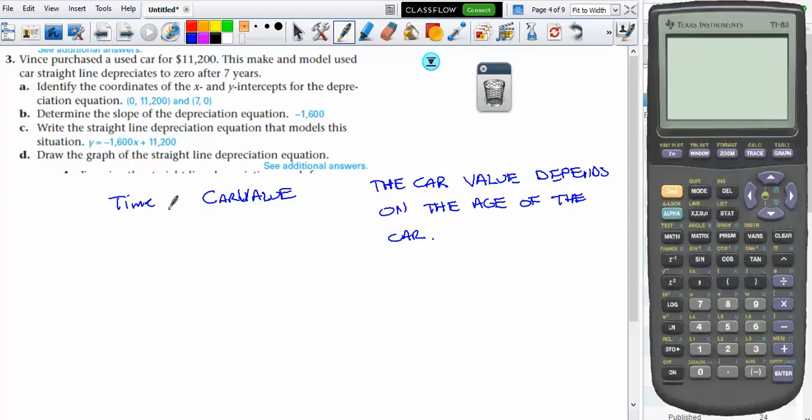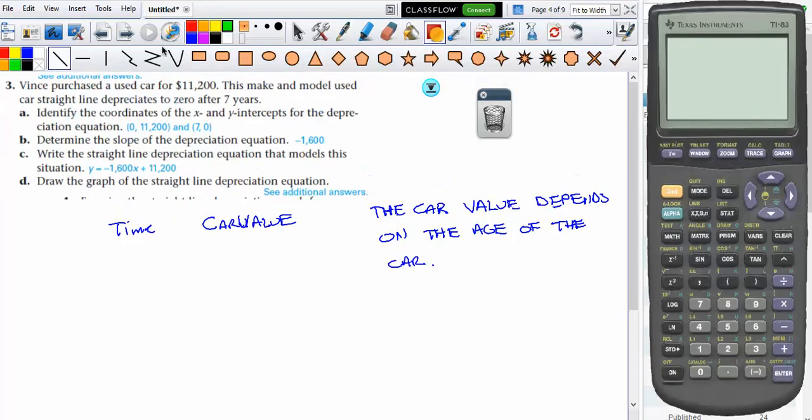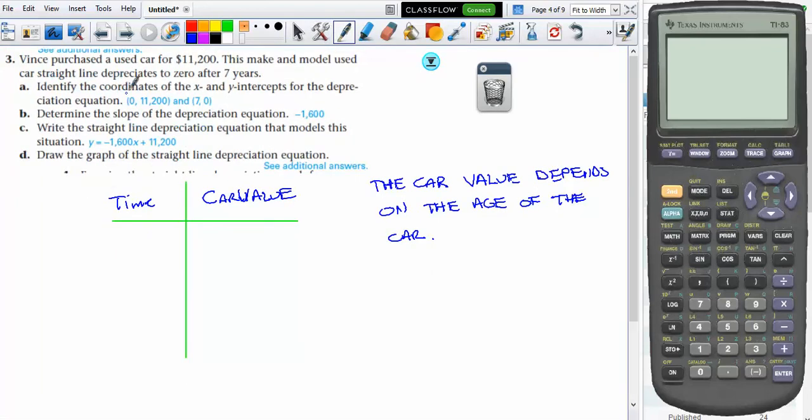All right. So if you think about this in a chart, the very first time at year zero, it is worth $11,200.